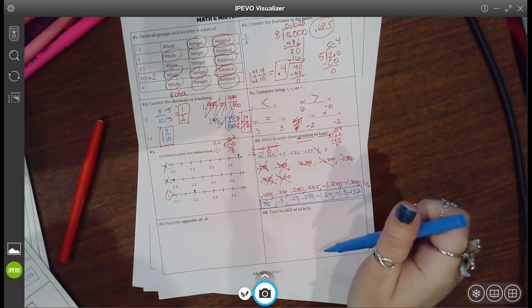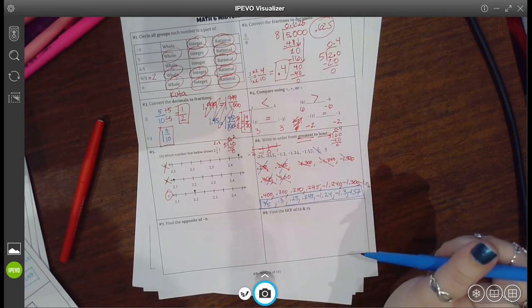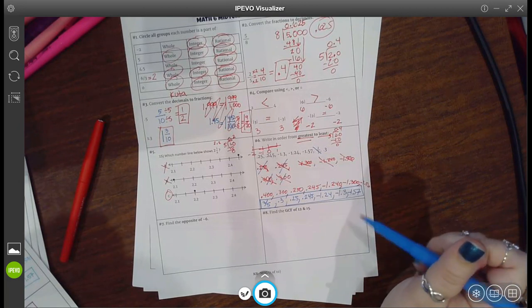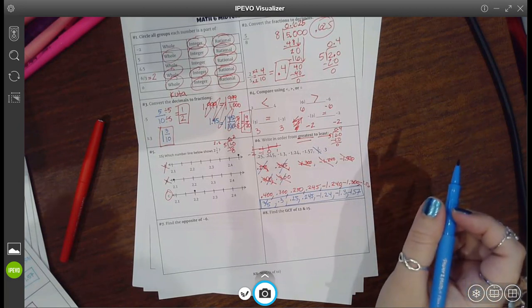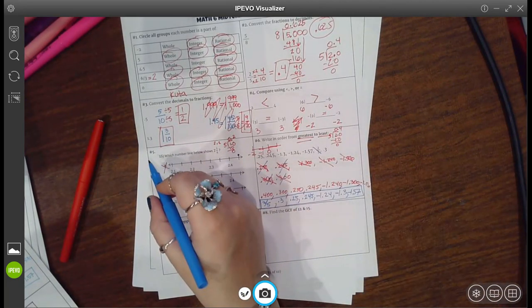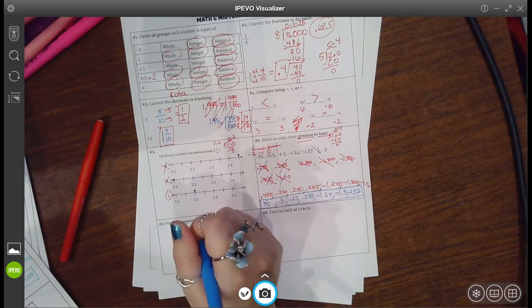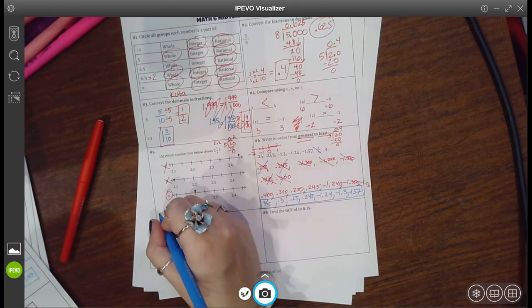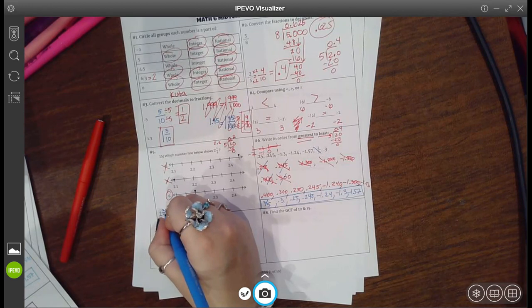Before I move on to this next one, those of you that are watching the video get a little bonus trick here. Let's say that I had a trick question here. And number 5, let's say that it said 2 and 2/9.